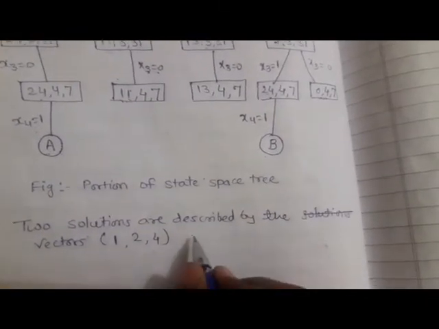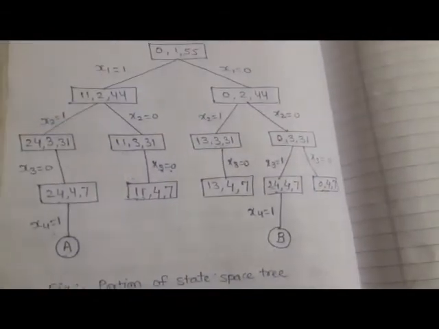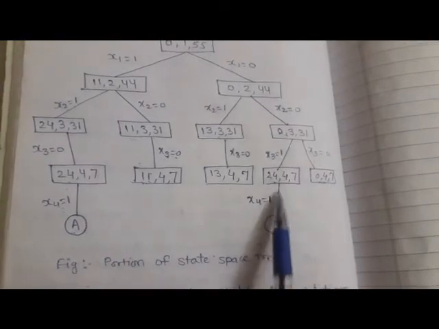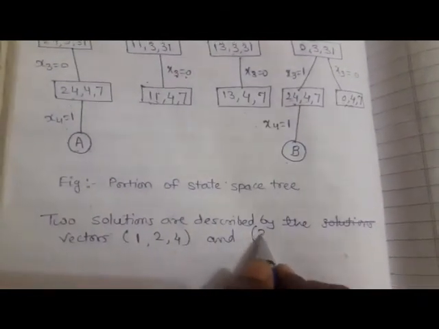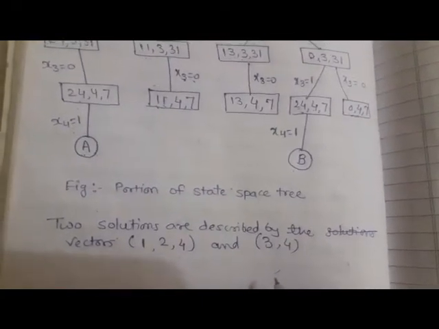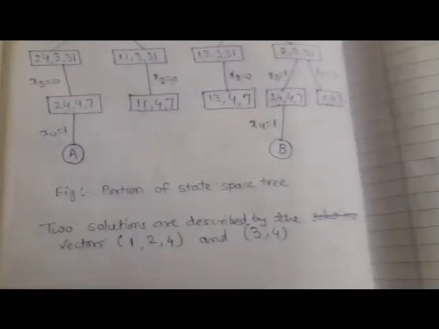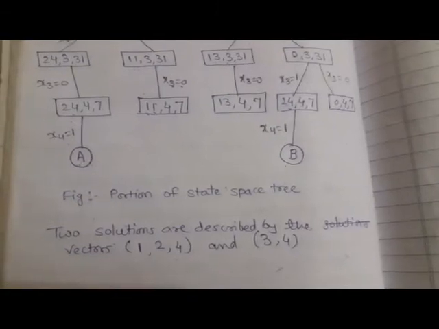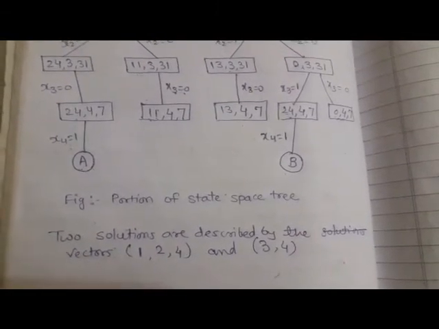So this is our first solution, and the second solution we got by including the third and fourth weights. So here we can write 3, 4. Now, to avoid generating multiple instances of the same subsets, we avoid that here.